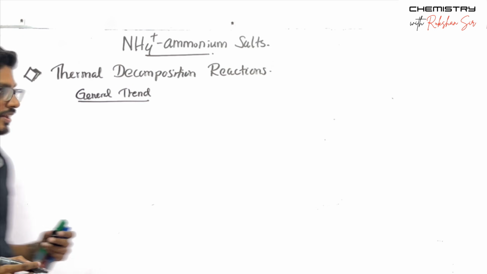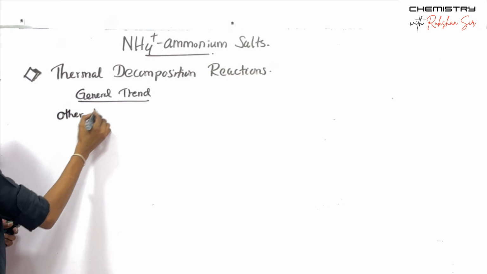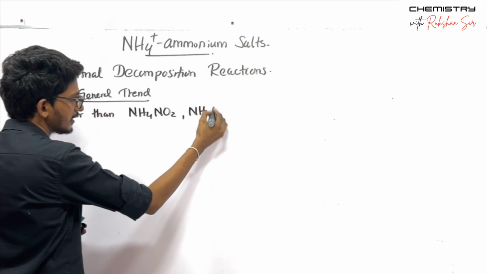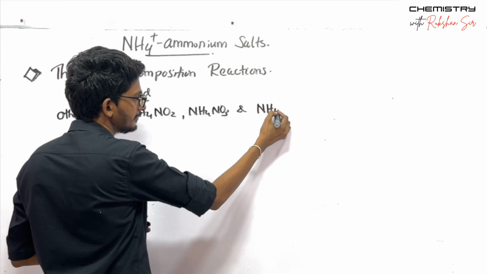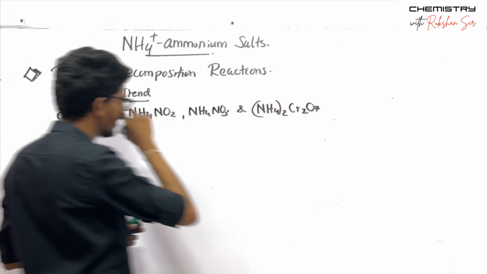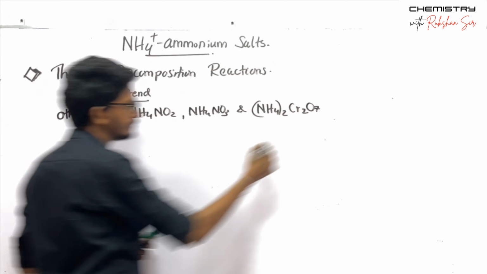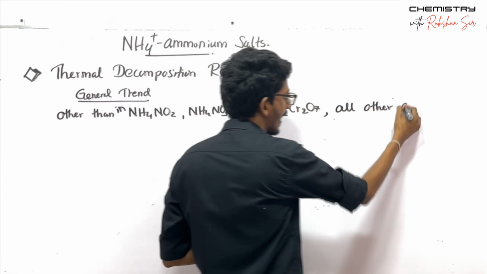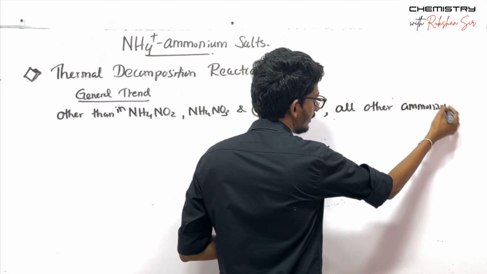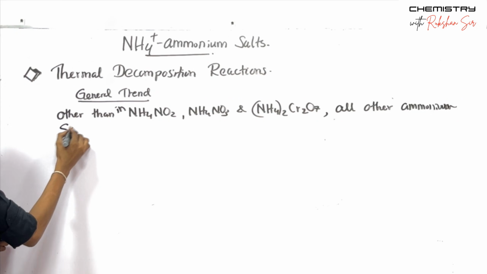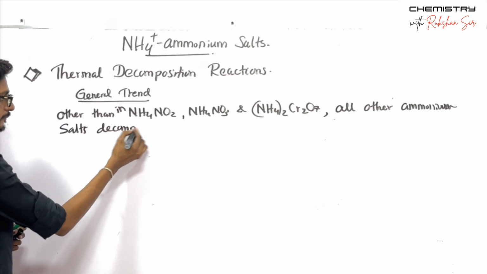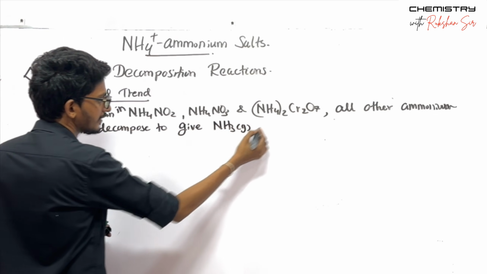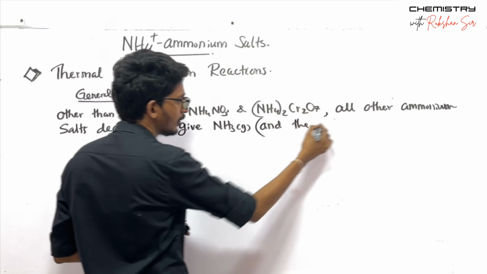This is the general trend. Other than ammonium nitrite, ammonium nitrate, and ammonium dichromate, these three VIP guys, all other ammonium salts decompose to give ammonia gas and the corresponding acid.